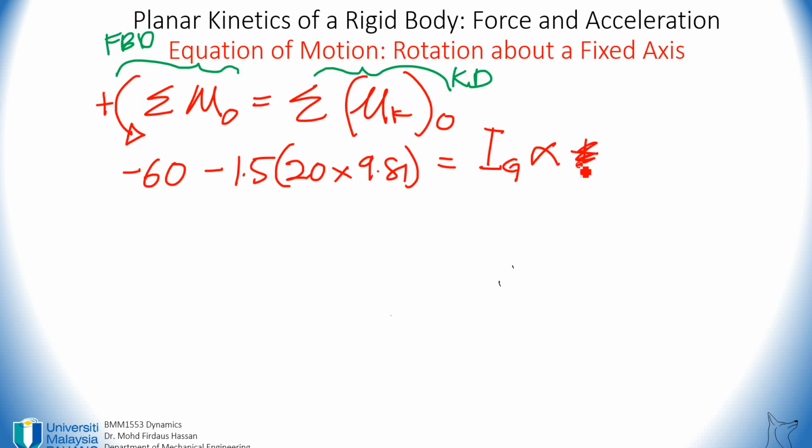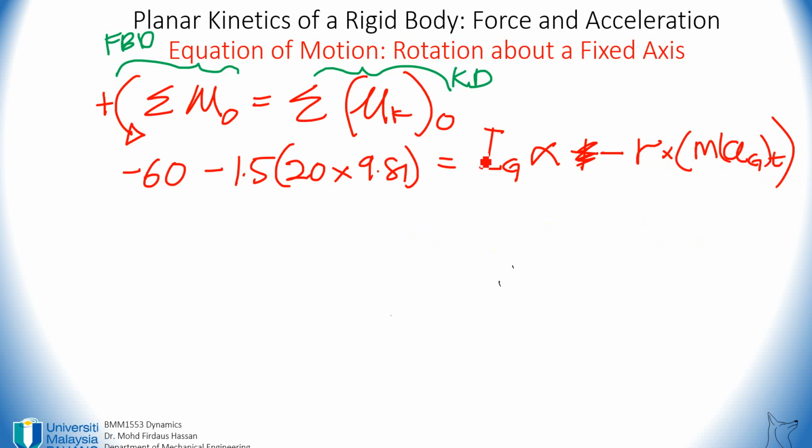Negative m R times m AGT. So negative because it's down. It's clockwise.